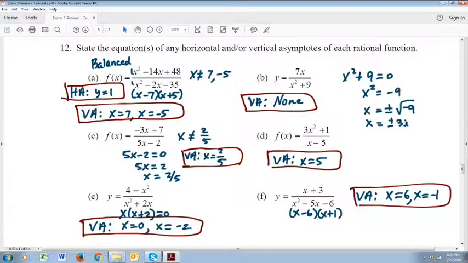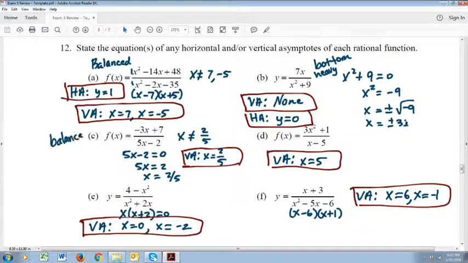That's going to be your horizontal asymptote. On letter B, notice the degree of the numerator is 1 and the degree of the denominator is 2. So this one's what we call bottom heavy, which means the horizontal asymptote is at y equals 0. Anytime you're bottom heavy, your asymptote is going to be y equals 0.